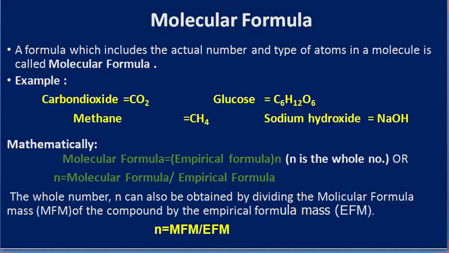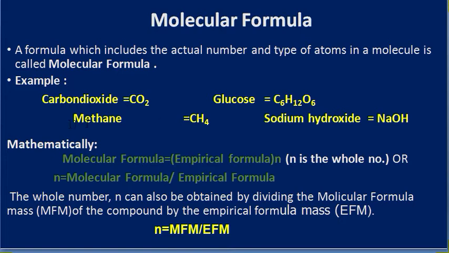So the actual number and types of atoms in a molecule is called the molecular formula. What atoms are present, how many atoms are present, the number of oxygen atoms, the number of carbon, the number of chlorine, how many atoms are present in that formula, that is called the molecular formula.